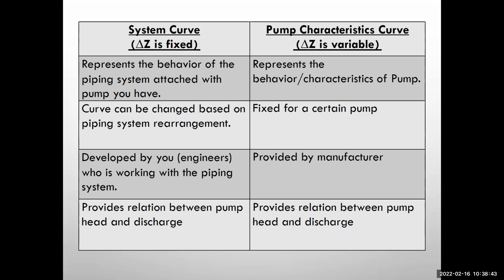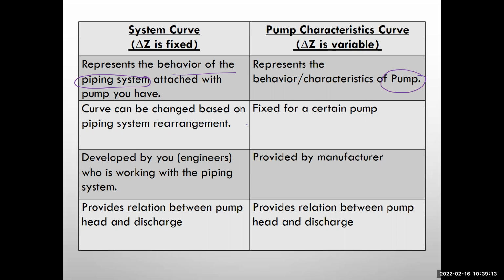Both of these represent the characteristics of their system. The system curve represents the behavior of the piping system attached to the pump, that the user has. The pump characteristics curve represents the behavior characteristics of the pump you bought from somewhere.